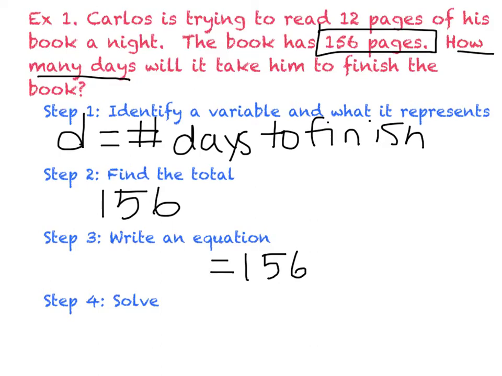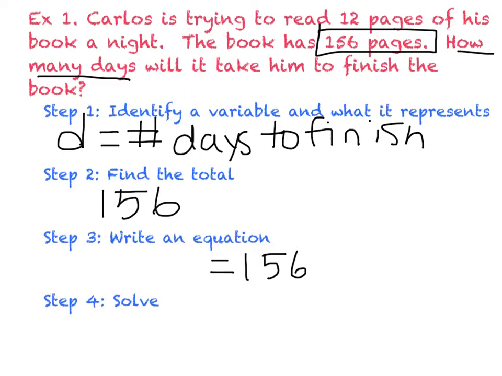Now I need to write an equation. So I need to think about what's happening in this example and look for some keywords to tell me what operation I should have. It says that Carlos is trying to read 12 pages of his book a night. The book has 156 pages. How many days will it take him to finish the book?